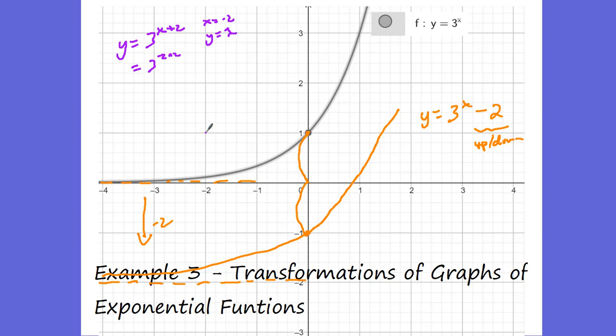So at negative 2, we're going to be at 1. So that actually shifts it to the left. So you can see right here, when that value is right next to the x, it shifts it left or right. And so this shifts everything to the left. The entire graph is shifted to the left. If it was y equals 3 to the x minus 2, it would be shifted to the right 2 units. And that is our transformations of graphs.